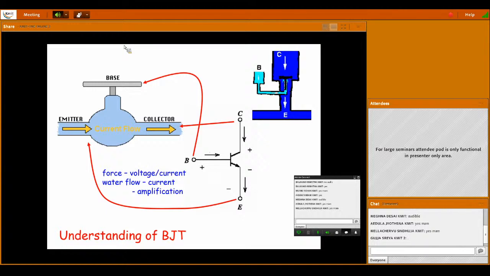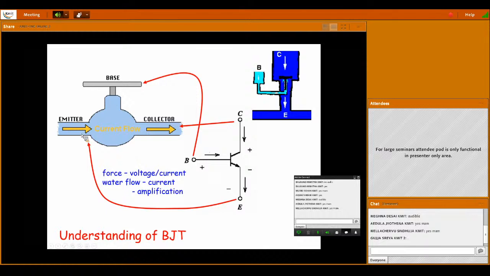The emitter region emits the free charge carriers, and the collector region collects those free charge carriers, which are transferred from the emitter, diffused into the base, and then transferred to the collector. From the collector output terminal we collect the current.